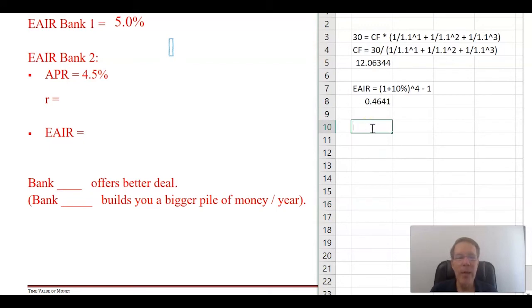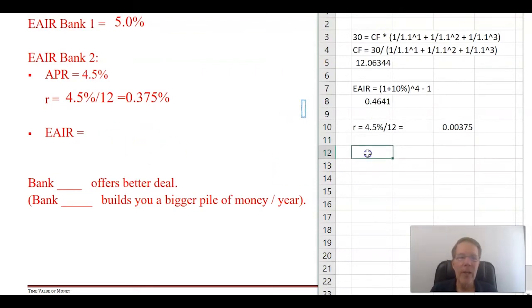For Bank 2, the APR is 4.5%, and how many compounding periods were there per year? It was compounded monthly, so that's going to be divided by 12. And that's going to be equal to 0.0035, or 0.375% interest rate. So that's our native R.